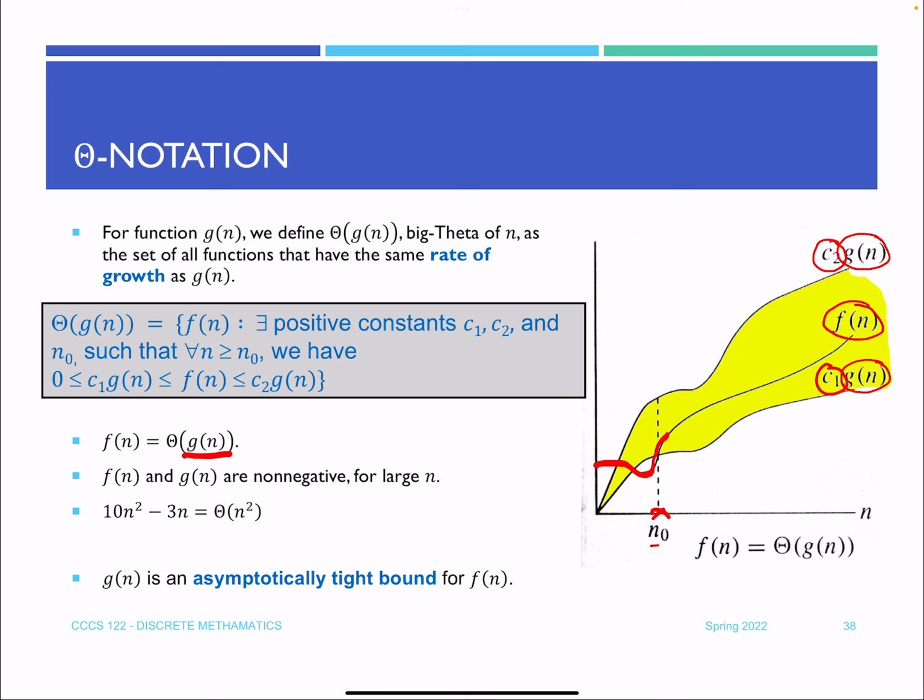What happens here is that the function g of n is both an upper and lower bound on the rate of growth of function f.